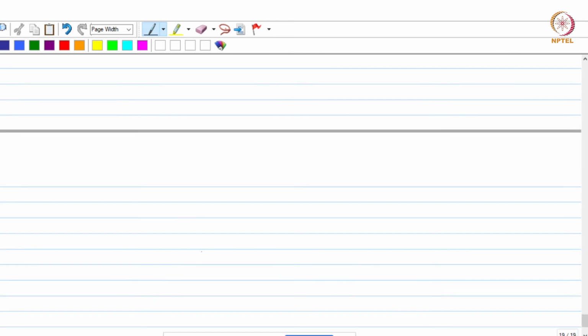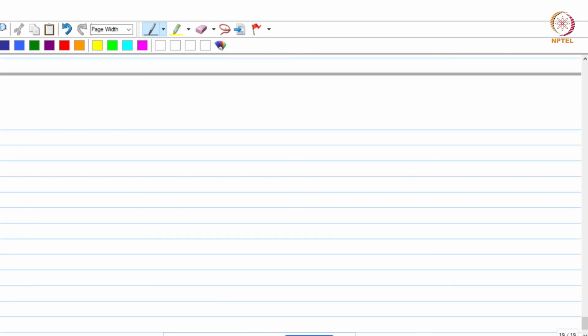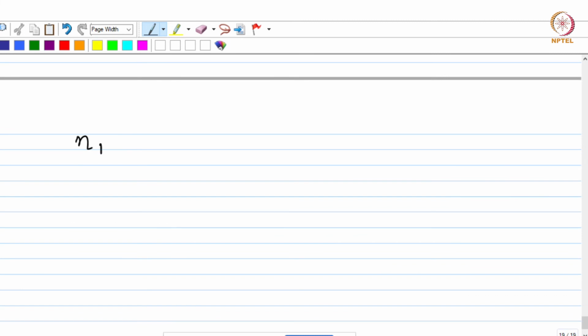So if you look at the number of segregated solute atoms on a unit length of dislocation, let us call that NT, which is the number of segregated solute atoms on a unit length of dislocation.